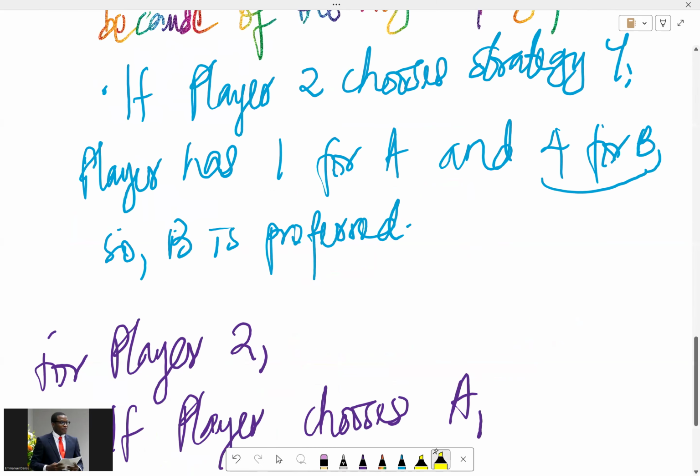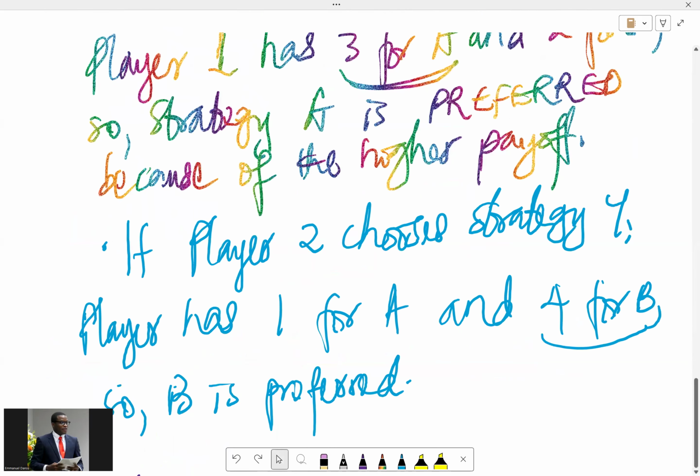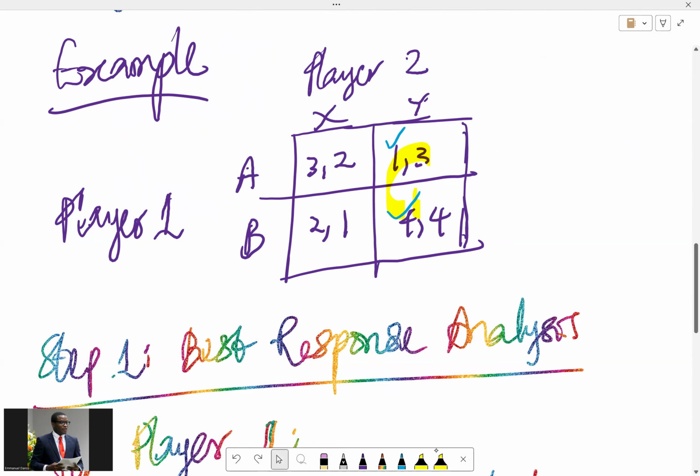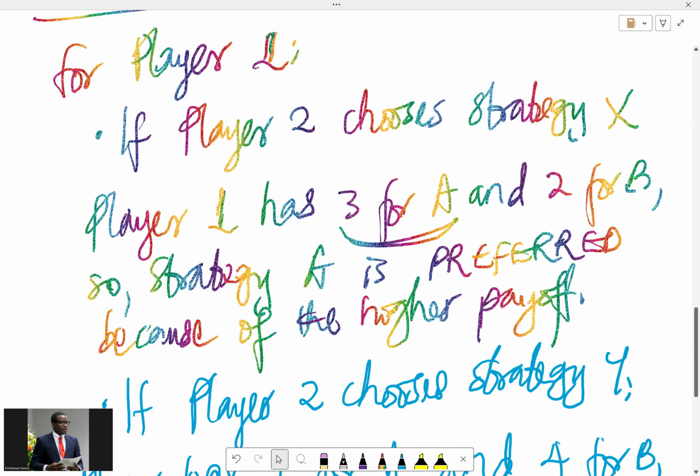I have cleaned up something. All right. So if player one chooses strategy A, we're actually here. So the payoffs for player two would be two and three.